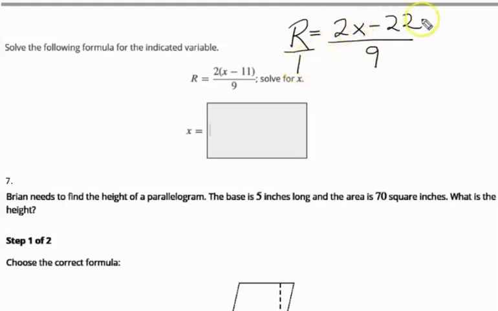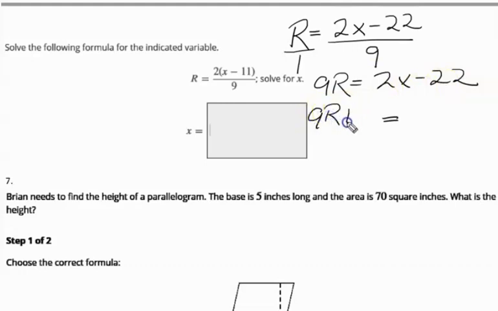So 1 times this is just this, and multiplying crosswise here, this becomes 9r equals 2x minus 22. So I'm going to isolate the 2x on this side by transposing the negative 22, and I get 9r plus 22 equals my 2x. Now divide both sides by 2.